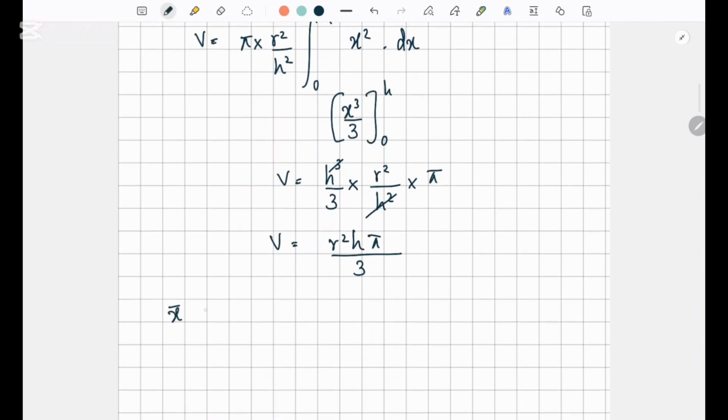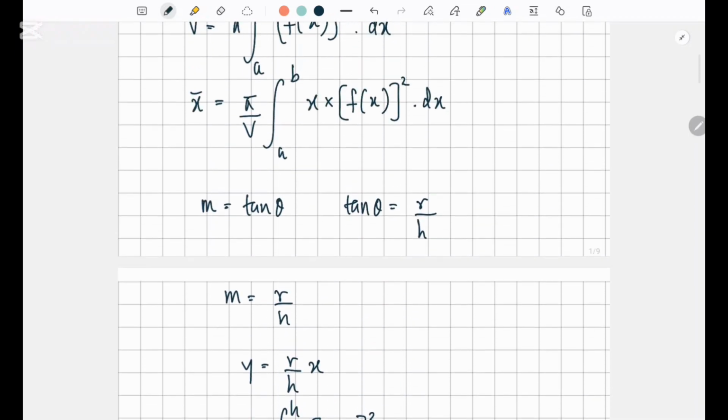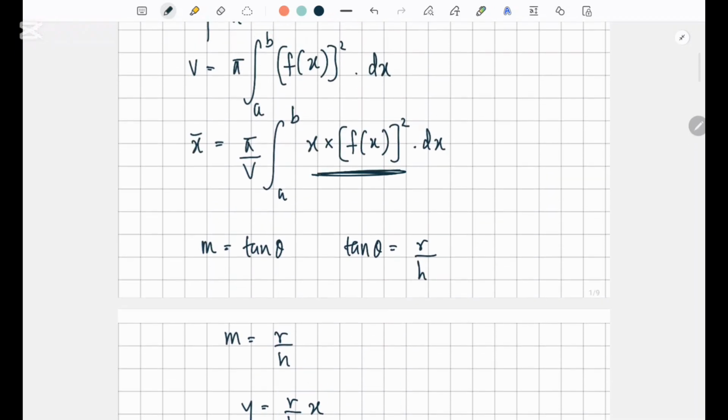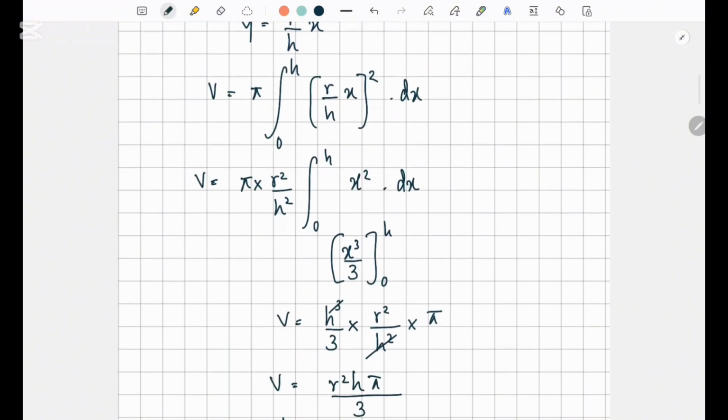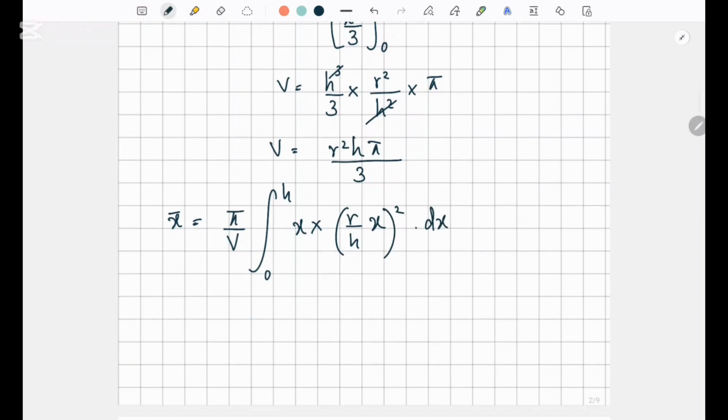So for the center of mass, you write pi over v, with the volume at the end. The interval is 0 to h, and it's going to be x into f(x) squared, so x into (r over h x) squared dx.